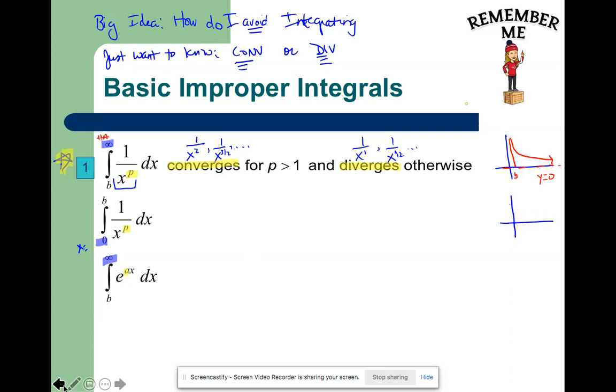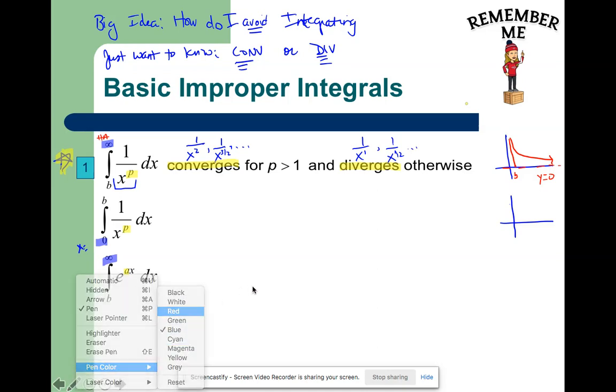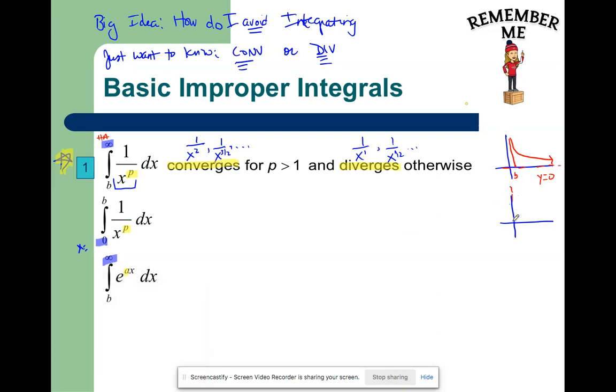I mean, it's still the same graph. But this time I want to talk about bounding it on the right side and unbounded at the vertical asymptote.